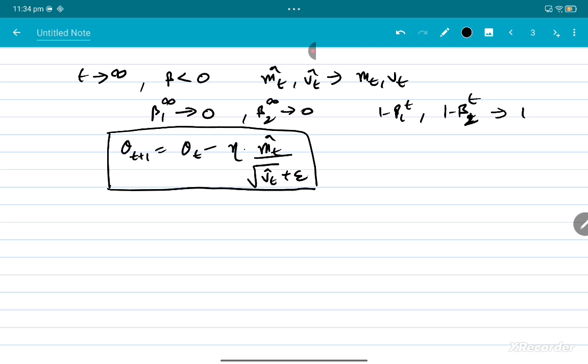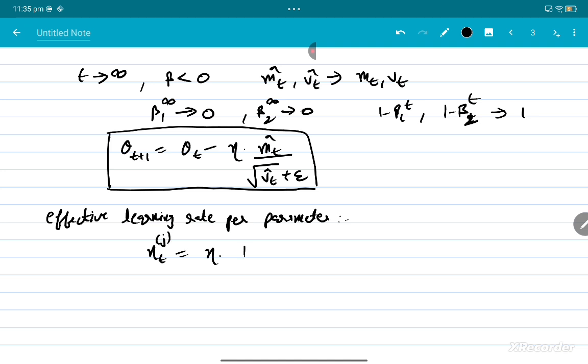And the effective learning rate per parameter, eta at time t for a particular parameter j, is equal to eta multiplied by 1 over the square root of v_t,j plus epsilon.